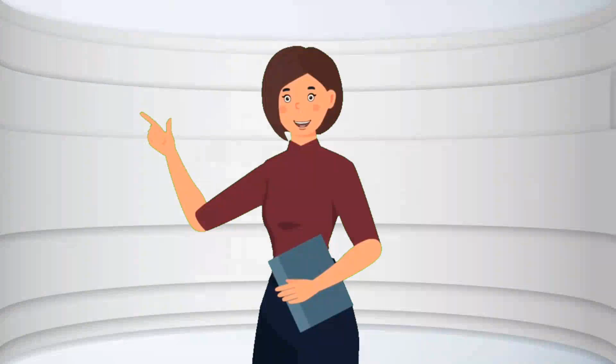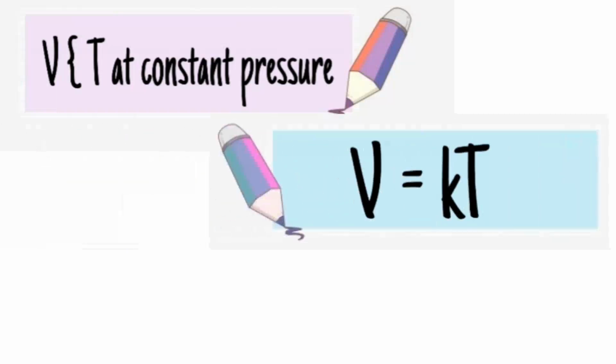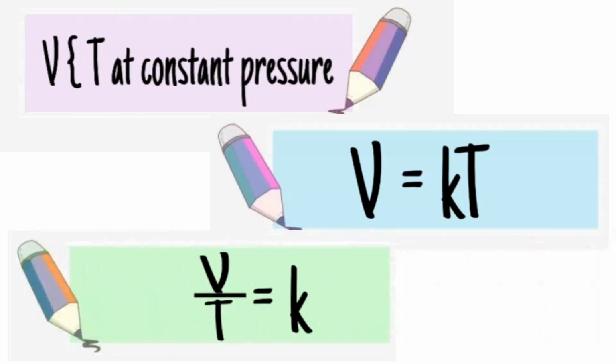Charles's law can be written mathematically as volume is directly proportional to temperature at constant pressure. To remove the proportionality sign, a constant k is introduced. Then, volume over temperature is constant.